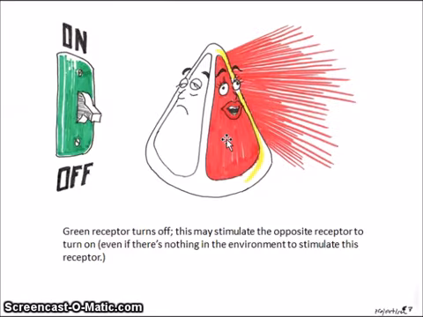So if you were to stare at something green until that particular receptor turned off, when you looked away at a blank space, this side would be firing. So you might see spots or a shape in the color red, even though there's nothing there. This is what we would call an after image.